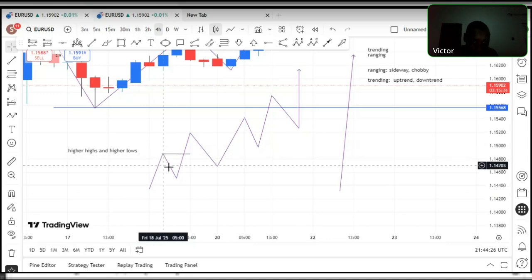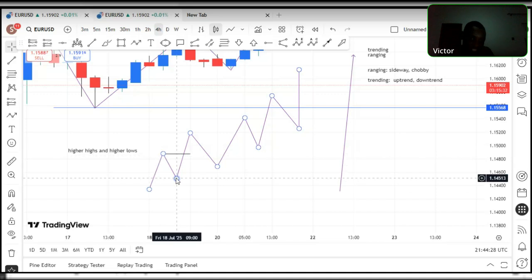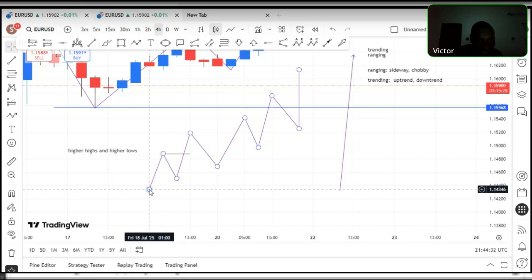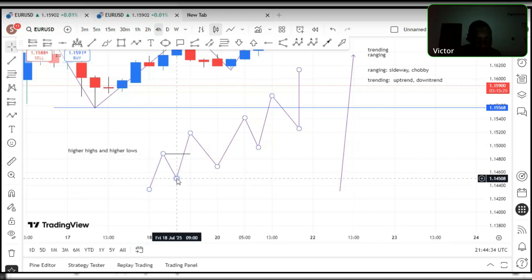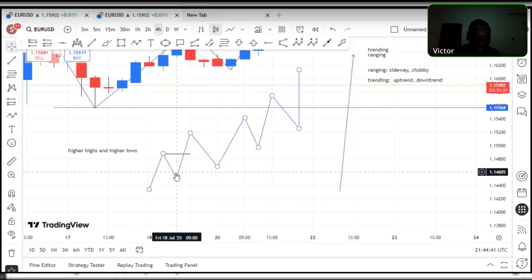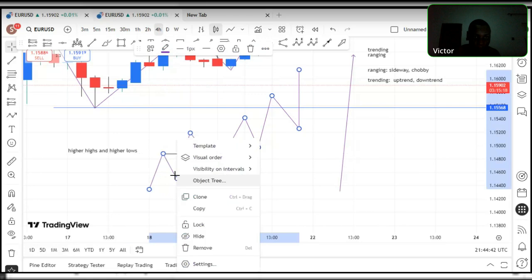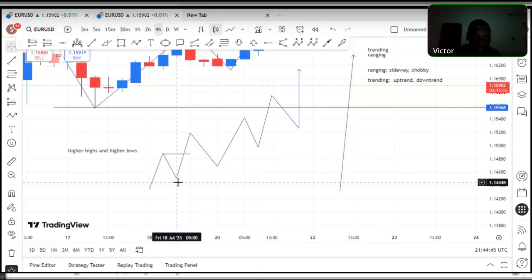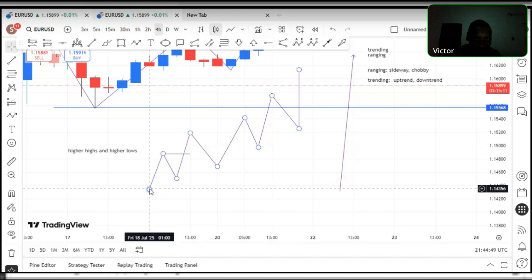So now the market retraced down to this point, but failed to retrace lower than this point. So it is called higher low because this point is higher than this one. This point is higher than this point. So this one is a higher high compared to this.